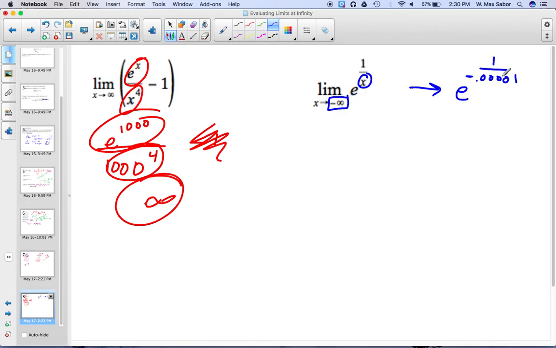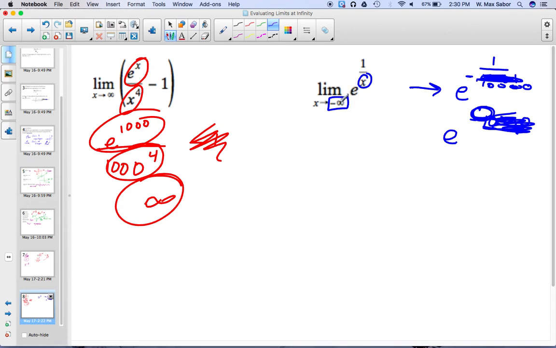So because it has a very negative exponent, this is something like e to the negative 10,000. And as this becomes more and more negative, as we plug that in, this gets closer and closer to 0.